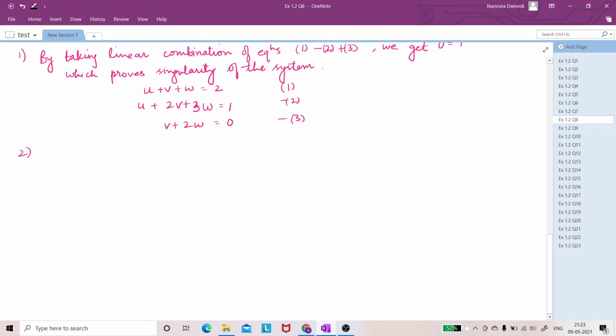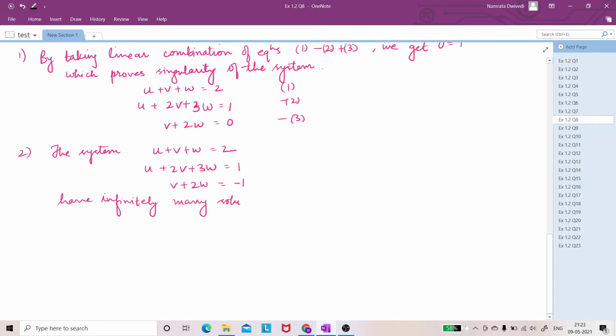The system, which system? The system u plus v plus w equals 2, u plus 2v plus 3w equals 1, and v plus 2w equals minus 1. They have infinitely many solutions.